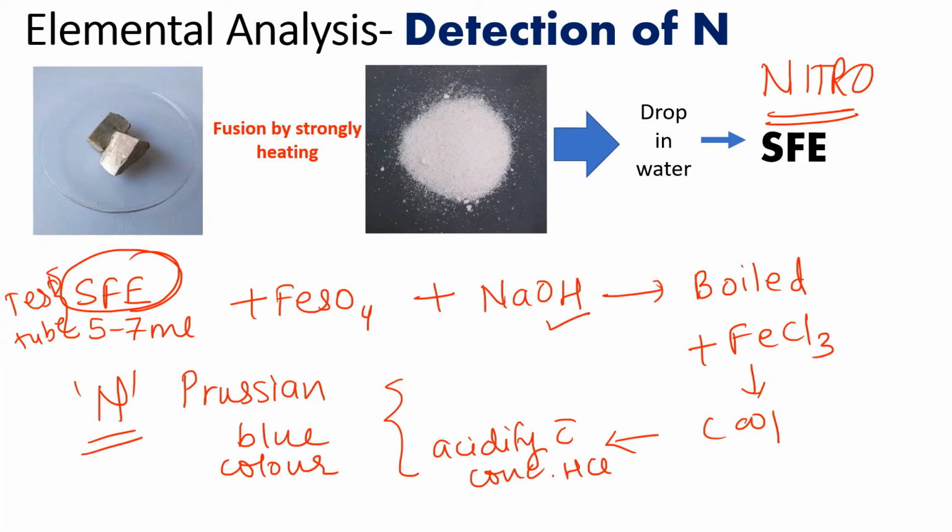And yes, along with nitrogen, if sulfur is also present, then for that we have a different test which I will be discussing in the further slides. But after performing this test, if I get Prussian blue color, then definitely nitrogen is present.